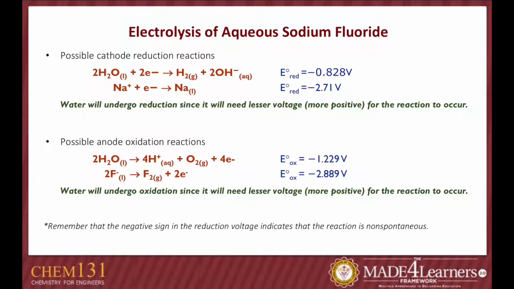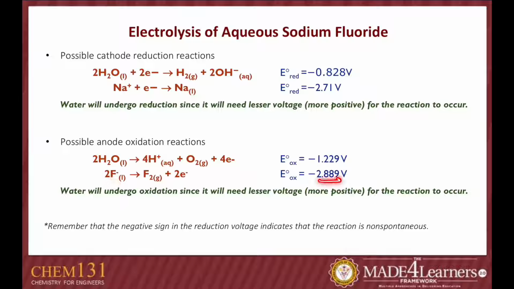And then, for the anode, so it's either ang katong water nga mo undergo oxidation produce og oxygen gas, so you still can find this in the reduction table, and it needs 1.229 volts. And then for the oxidation of fluoride ion to produce fluorine gas, it needs 2.889.